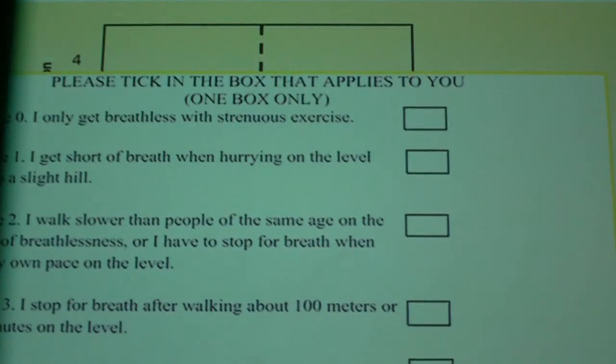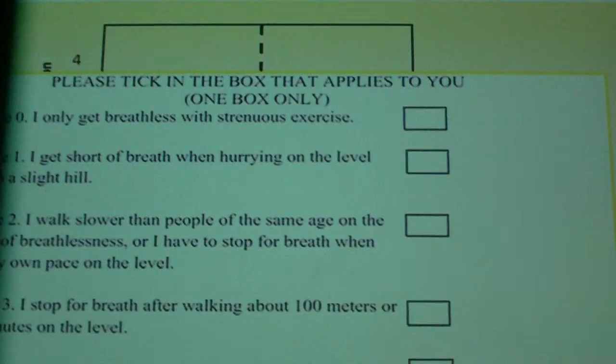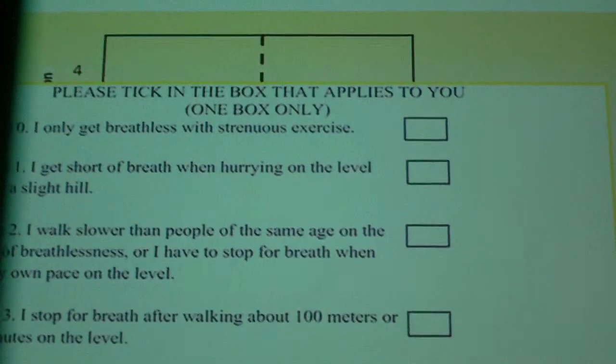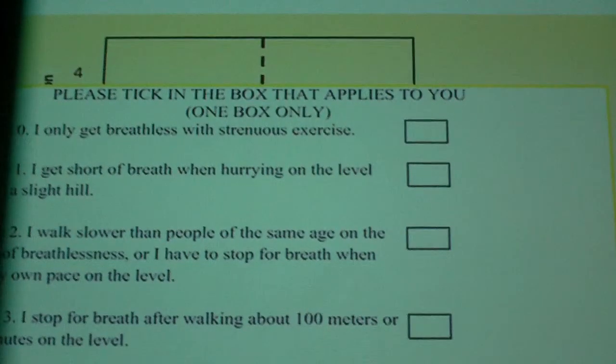It's a great classification to grade the dyspnea. A score of 0 is: I only get breathless with strenuous exercise, and grade 4 is: I'm too breathless to leave the house, or I can't change clothes without being breathless. In between there are some other classifications.